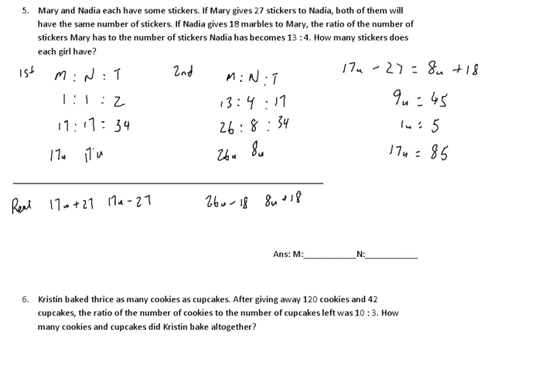So now I have Mary, which is 85 plus 27, which is 112. And I have Nadia, 85 minus 27, which equals to 58, right? So I'll still get my same answer.